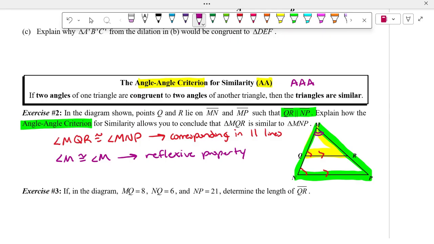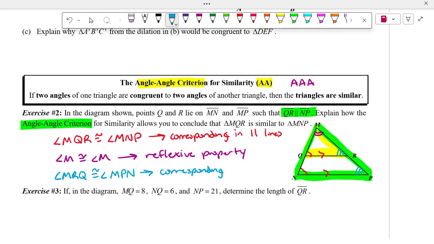What's the last set? MRQ and MPN. So angle MRQ is congruent to angle MPN. And again, it's because they're corresponding.